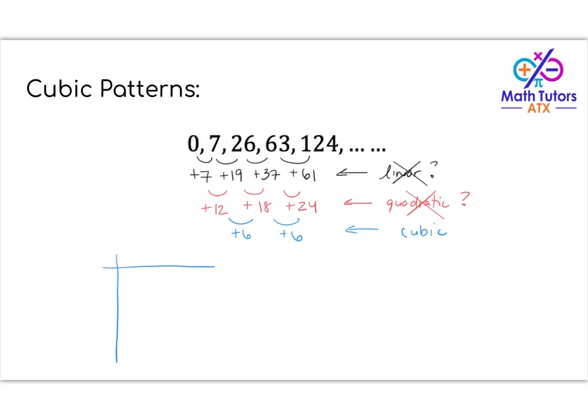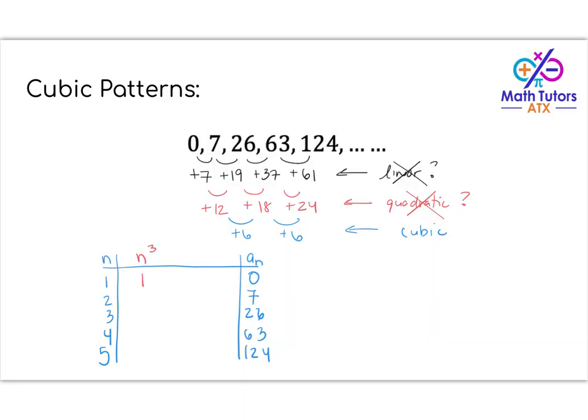So again, if I set up my nice little chart here, I can think, okay, 1, 2, 3, 4, I'm given 5 terms of 0, 7, 26, 63, 124. Again, some of you may see this right away if you know your cubics very well. If you don't know your cubics very well, then go through and actually write them out.